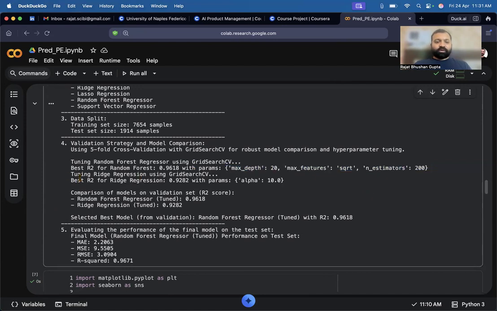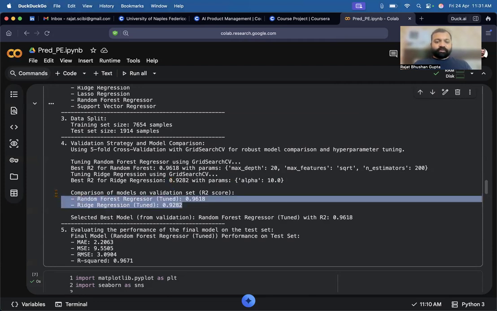The second best model was ridge regression with an R square value of 0.9282, not as high as random forest, but pretty good. And the only parameter we check for ridge is the alpha, and the grid search cross validation found out an alpha value of 10 to be the best value, giving the best R square score for this regression.